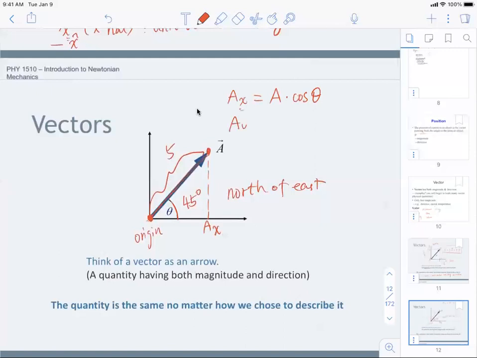If you want to know AY, you simply use A, the magnitude, times sine of this angle, you get the length of Y. So you get the length of AX this way, you get the length of AY that way. So whether they give you AX or AY, or they give you A or theta, they're giving you the same information about this vector. Okay.